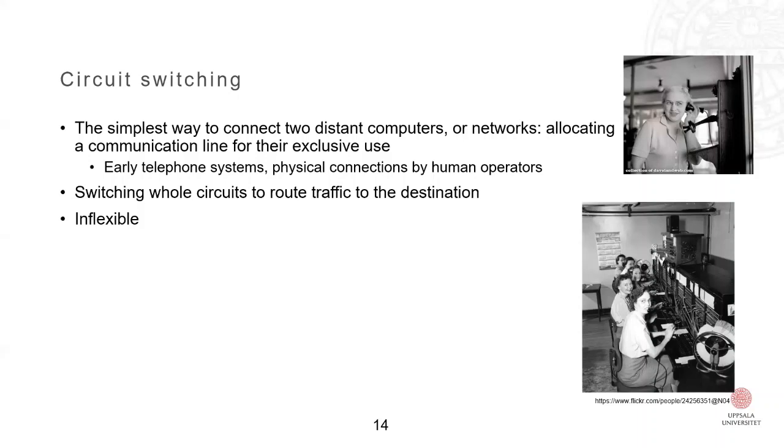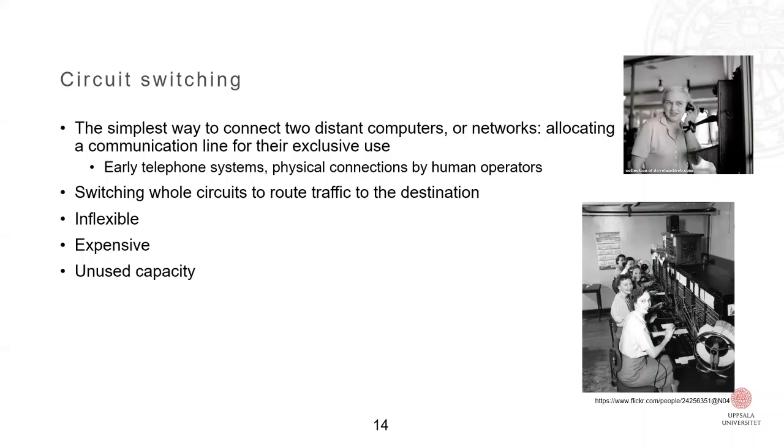The problem with circuit switching is that it is inflexible. Each time you need to change the circuit which you are using. And it is expensive, because if you want to have a private line, it requires a lot of resources, and it's not affordable for many users.